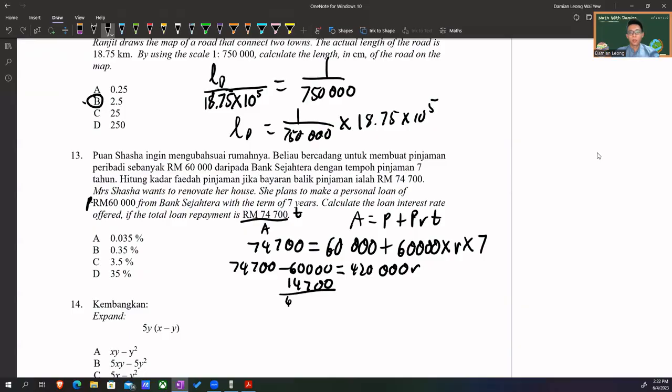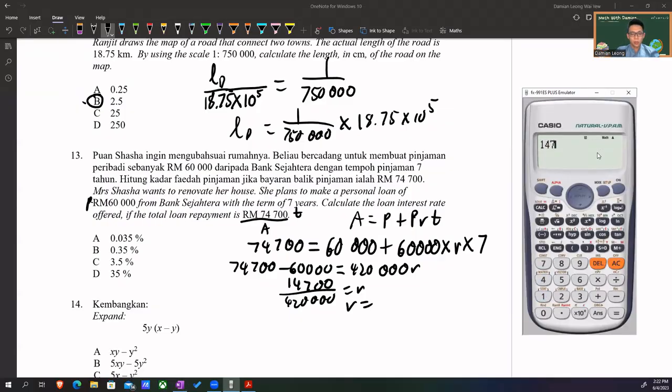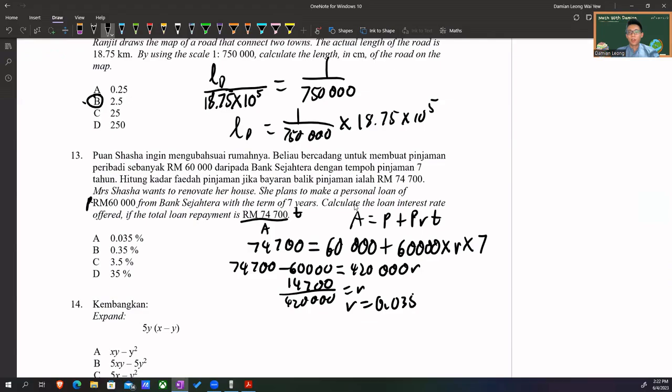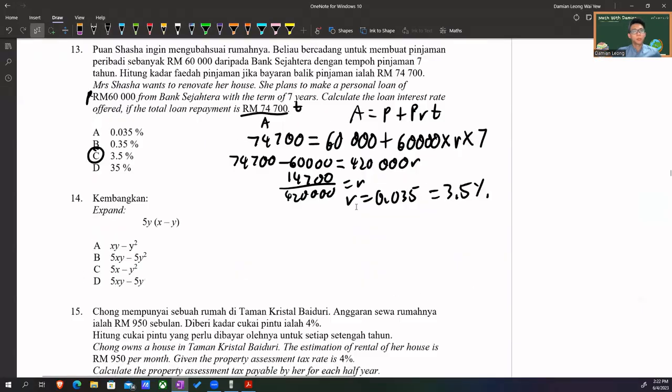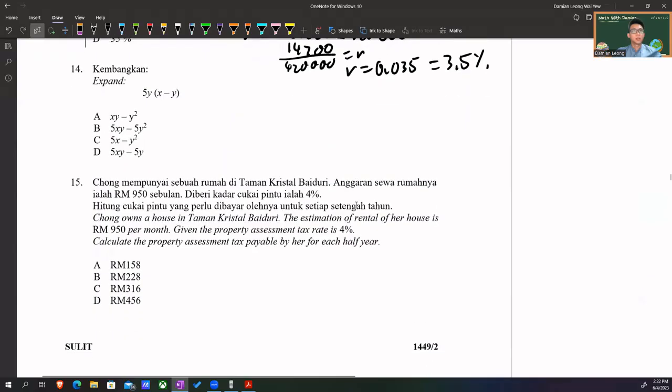Bring over 420,000, divide: 14,700 divided by 420,000 equals R. It will be 0.035, which means 3.5%. I times 100 to change to percentage. So answer C.